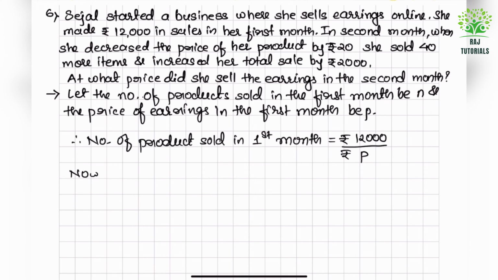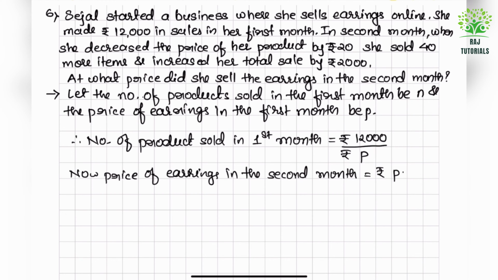Now, the price of earrings in the second month was decreased by rupees 20. So rupees P − 20.